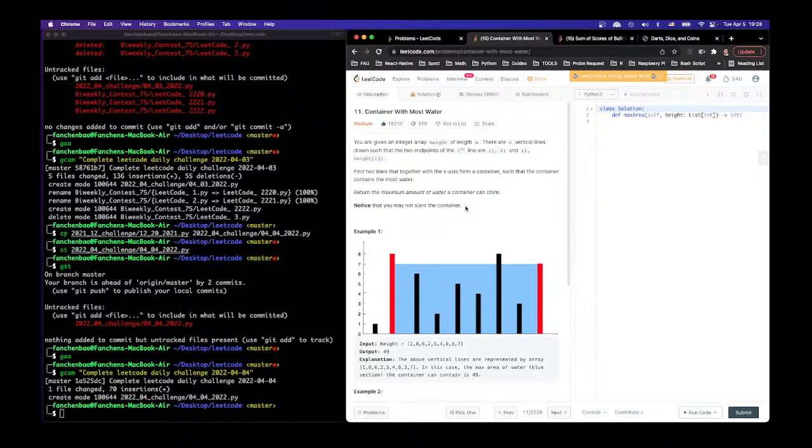We have a pointer on the left, a pointer on the right. If the leftmost is smaller than the right, then the water is determined by the left, and we walk.